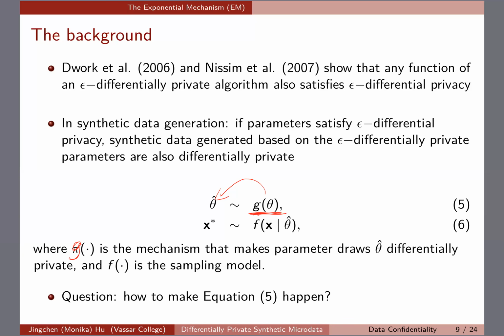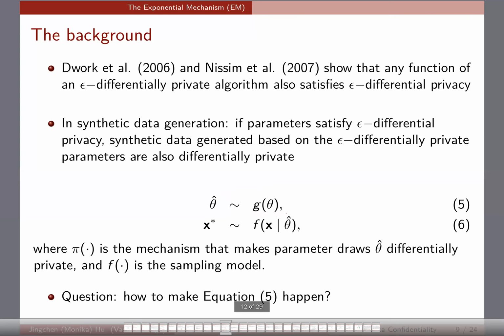If we're able to figure out a way to make equation 5 happen, to make those parameters differentially private, then for any sampling model F, once we have those theta hat, we're able to generate synthetic data from it, which will also satisfy differential privacy.